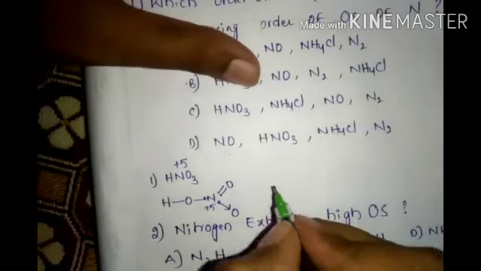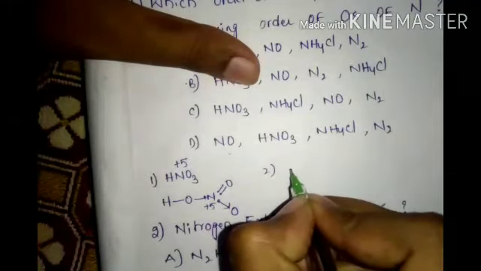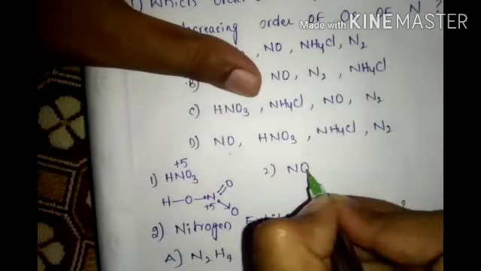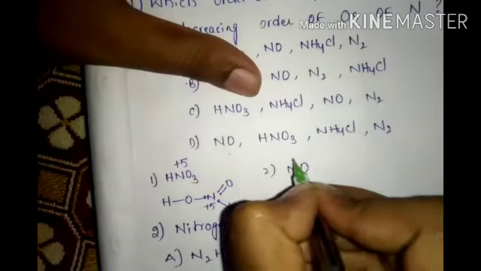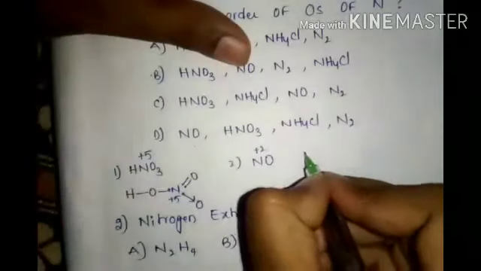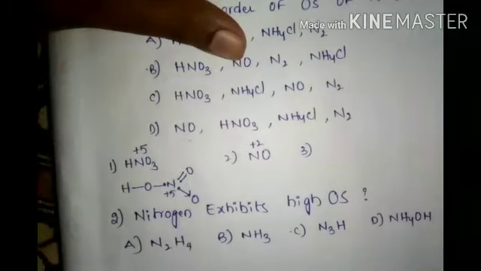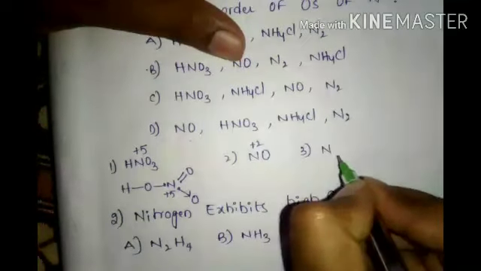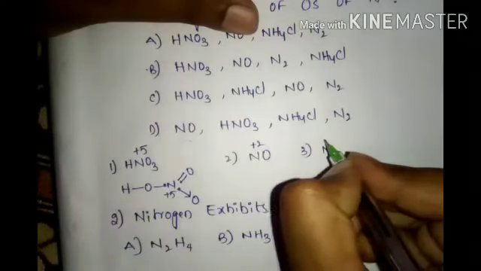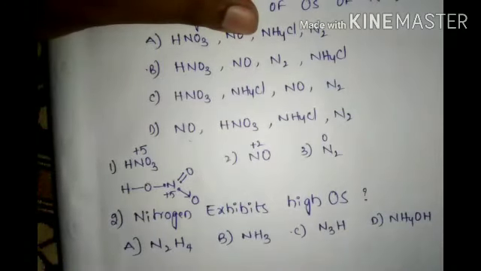Next, second, NO. In NO, oxygen valency is 2, so automatically it is +2. Now the third one, it is N2. Everybody knows this oxidation state is 0.